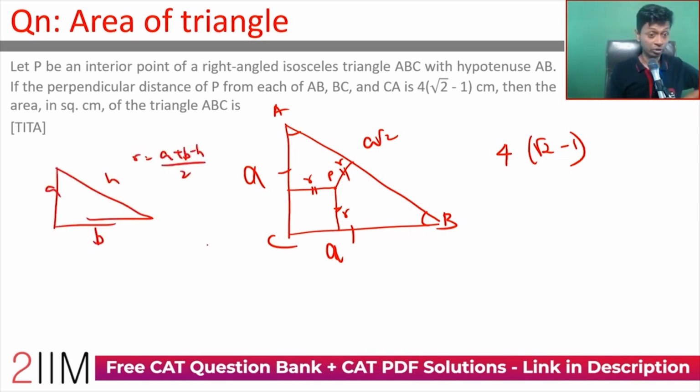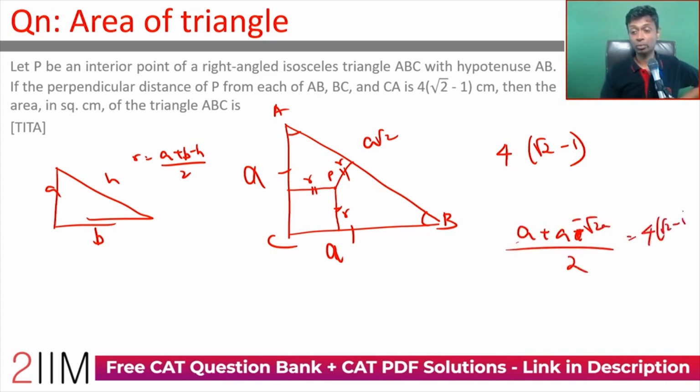You should know this. Choosing a right isosceles triangle with hypotenuse A root 2, A plus A minus root 2 A by 2 is 4 times root 2 minus 1. Or 2A minus root 2A by 2 is 4 times root 2 minus 1.